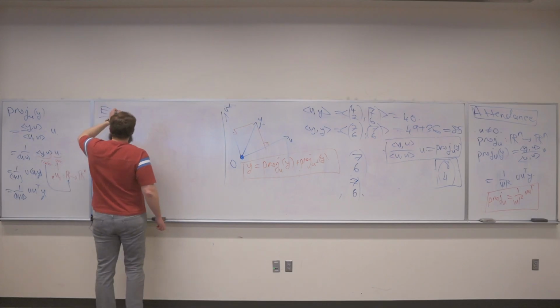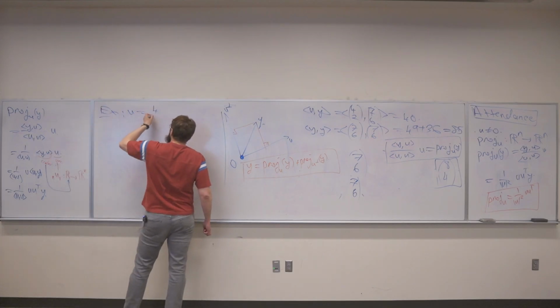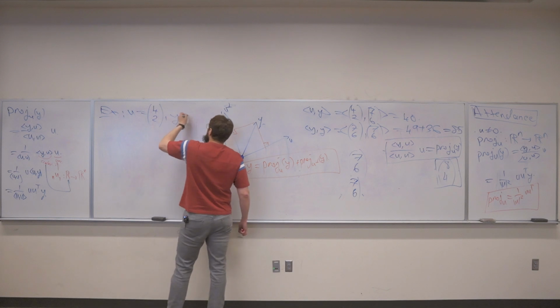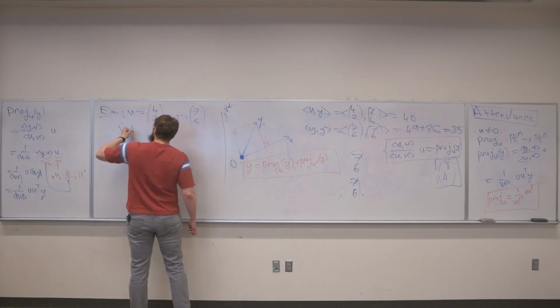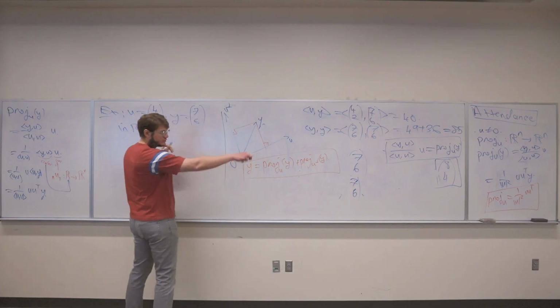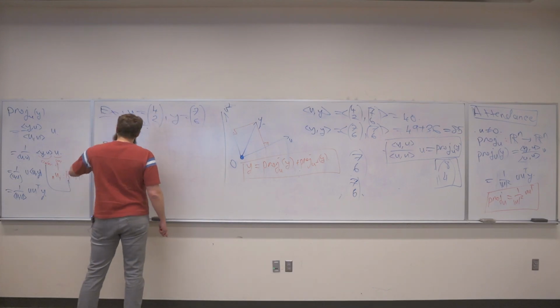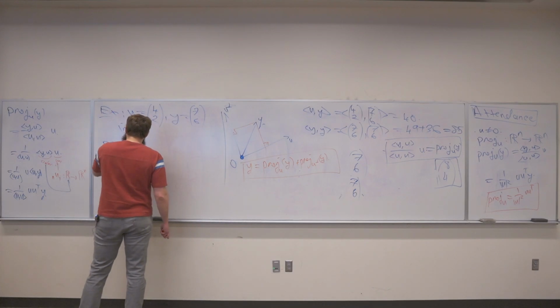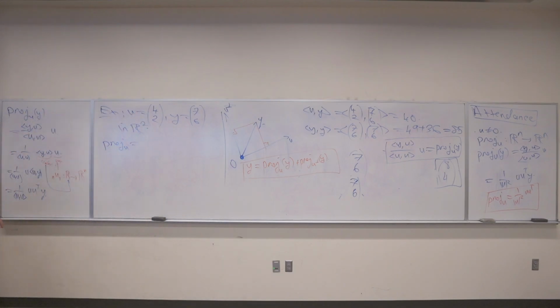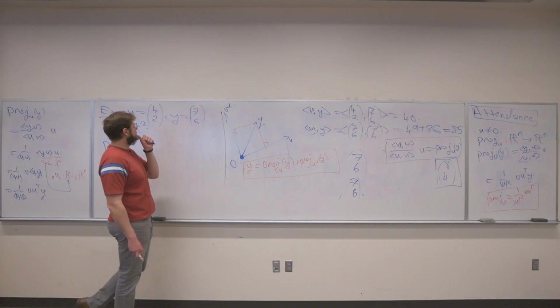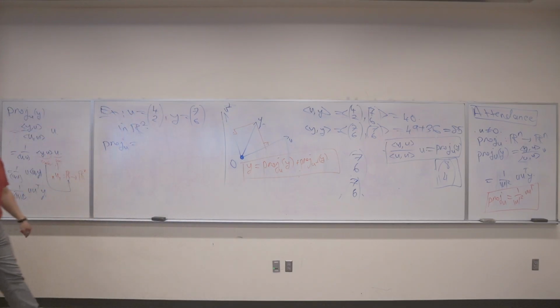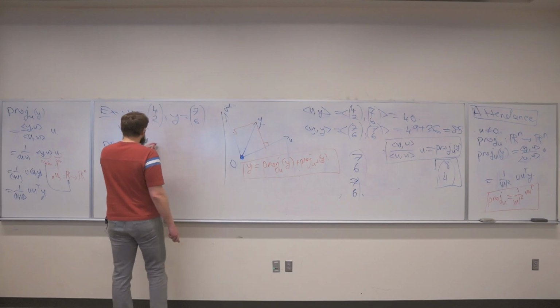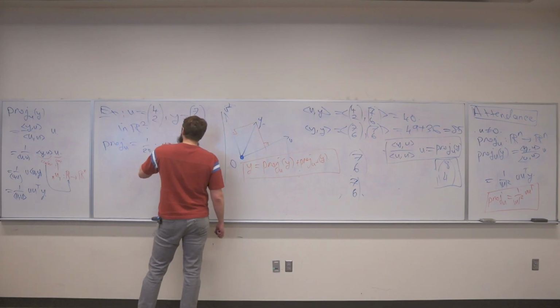So in our example, u was 4, 2, and y was 7, 6 in R2. According to that red formula, this projection operator associated to u is 1 over u norm squared. U norm squared was 16 plus 4 is 20. 1 over 20 times u transpose.